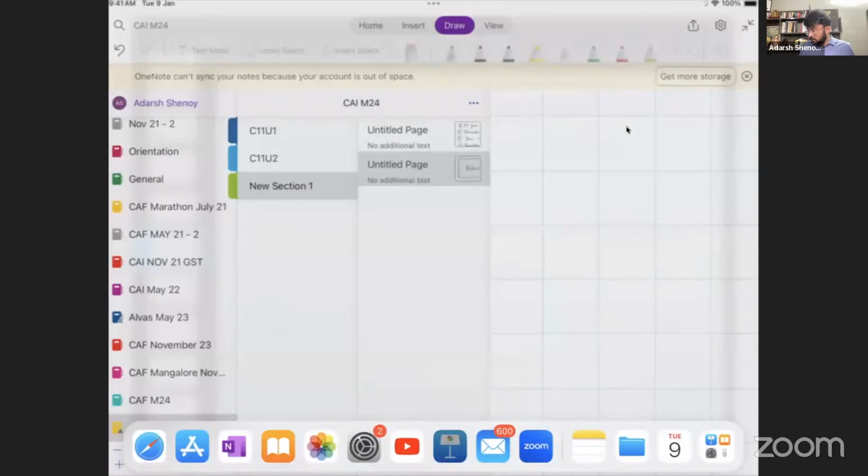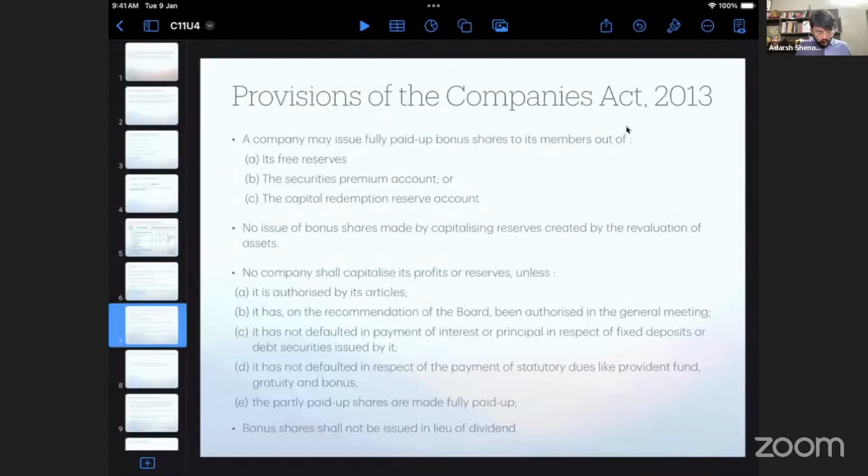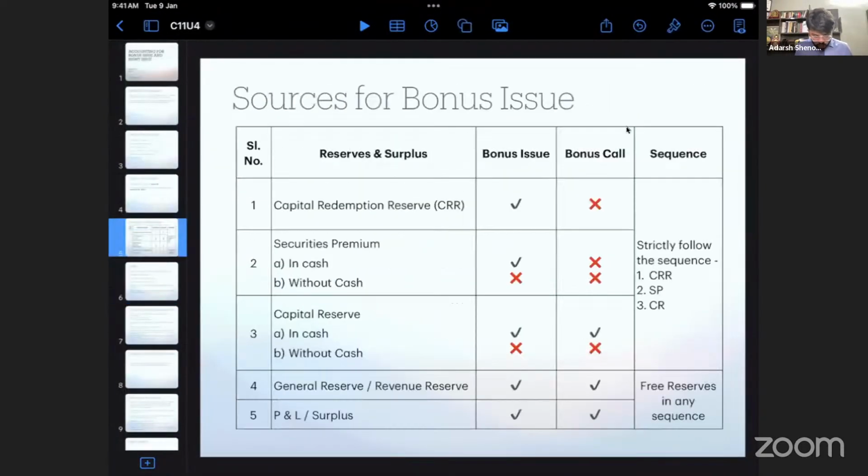Yesterday's discussion was in relation to bonus issue. As I discussed yesterday, what do you mean by bonus issue? Sometimes a few companies do not distribute the profits they earn as dividends to shareholders. Rather, the company keeps those profits, invests that money into different opportunities, and expands its businesses.